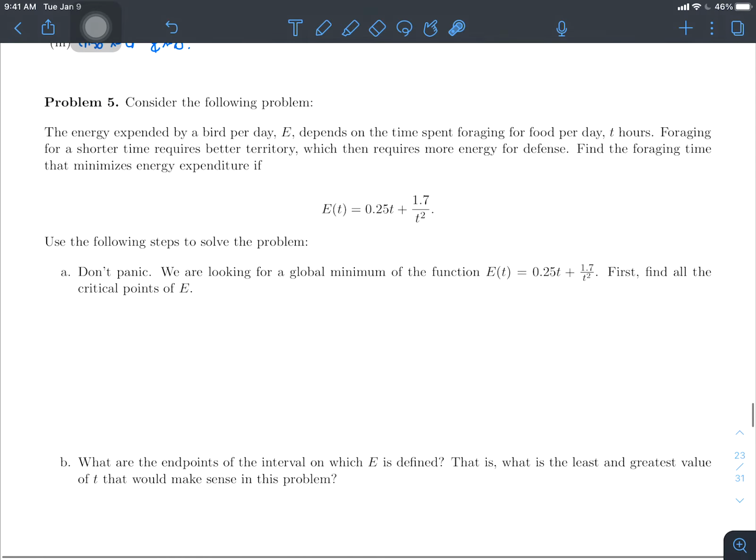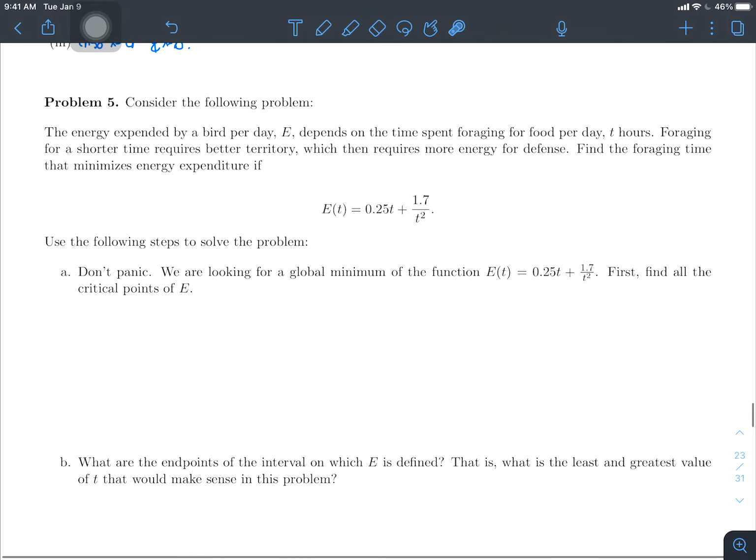Okay, foraging for a shorter time requires better territory, which then requires more energy for defense. Oh, okay, so this is just a statement, I guess, about the shape of the function. So, find the foraging time that minimizes the energy expenditure if E of t is equal to this function here.